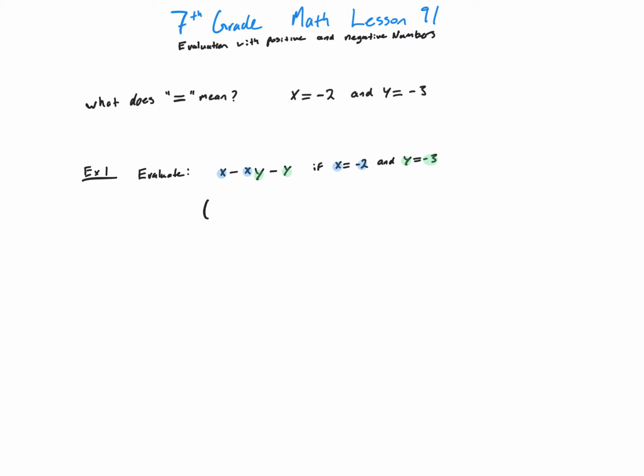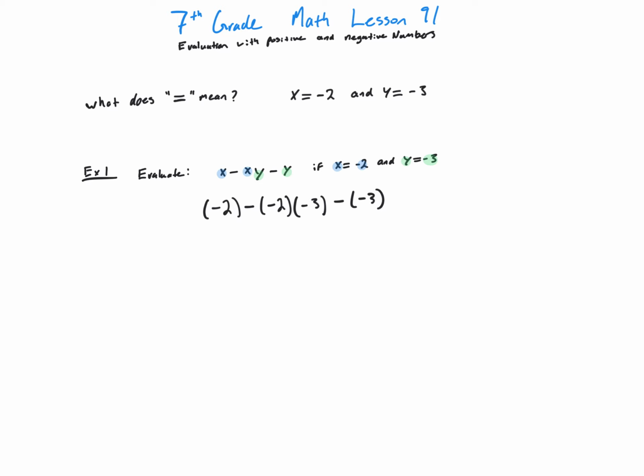So we're going to say x, which is the -2, minus x, which is still -2, then that's multiplying by the y, which is the -3, and then subtracting the y, which is -3.